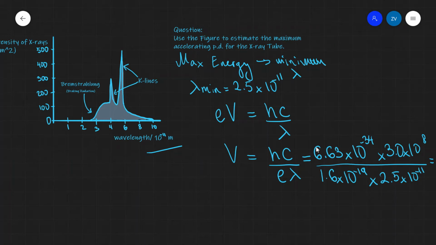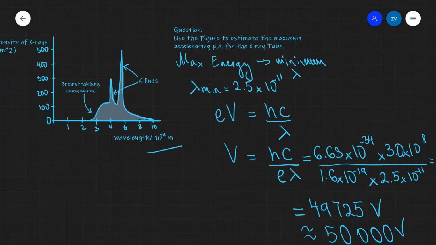And if we put that into a scientific calculator, what we're going to get is 49,725. So it's approximately 50,000 volts, very close to that. So let's just approximate that to approximately 50,000 volts of potential.